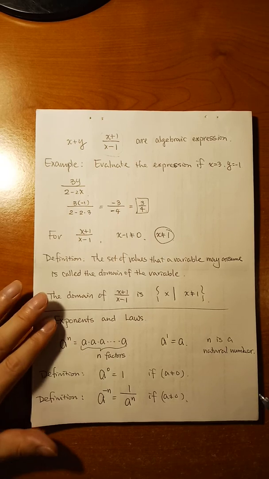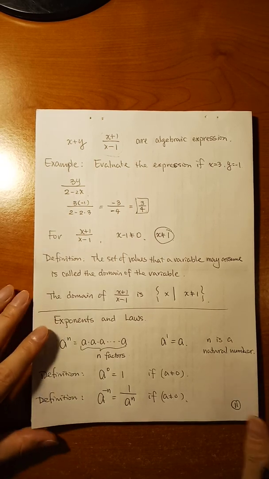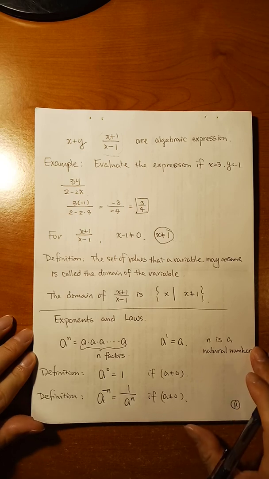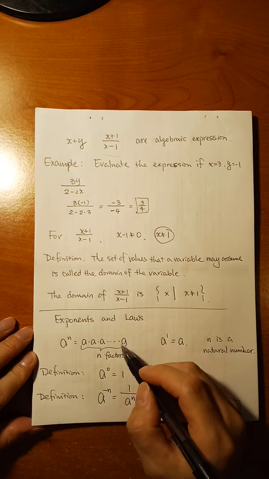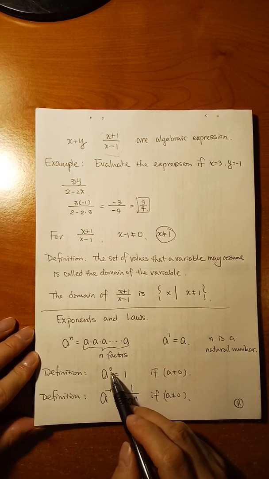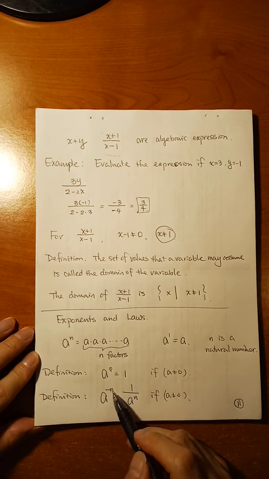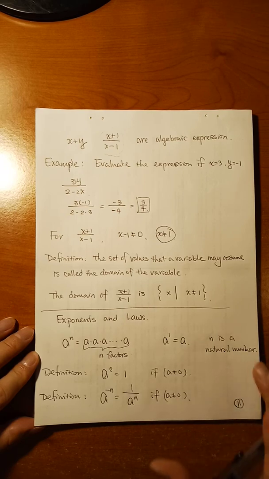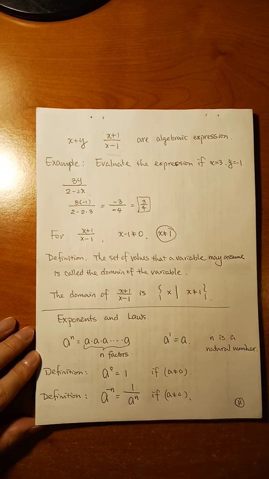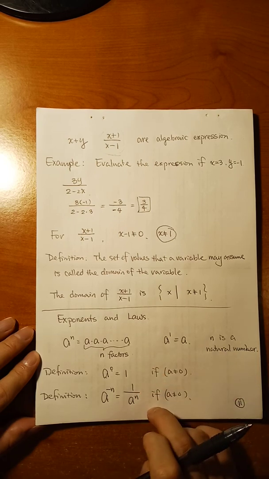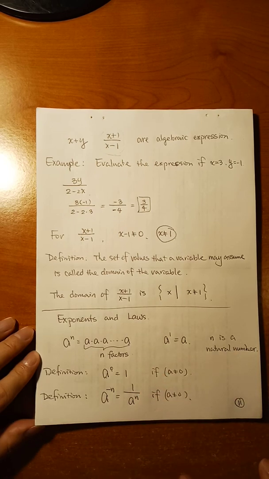It's not interesting. Okay, so that's the definition. First, the definition for the natural numbers. Second, you define for 0 and for negative natural numbers. So far, we have the definition for all integers: natural numbers, 0, negative natural numbers.